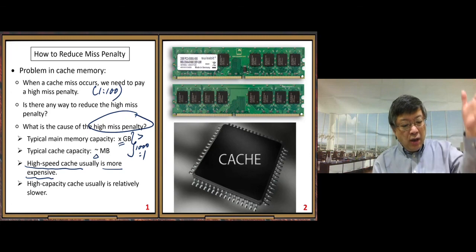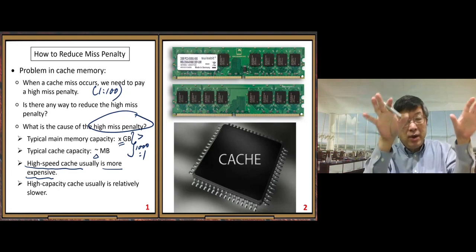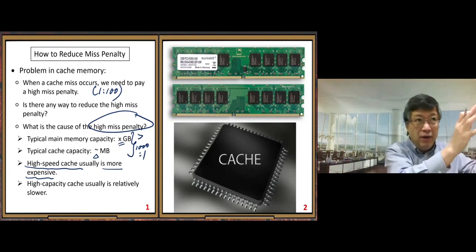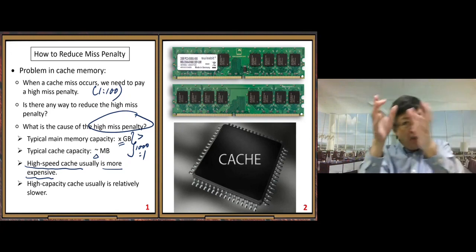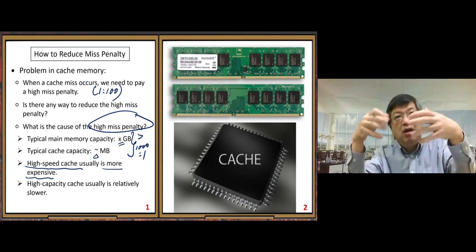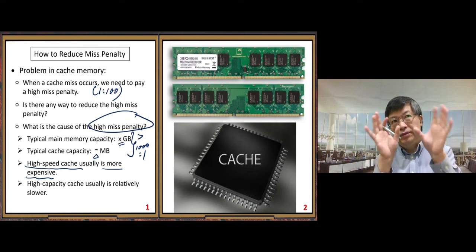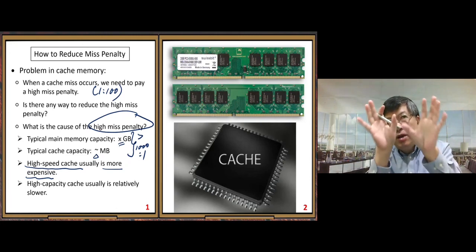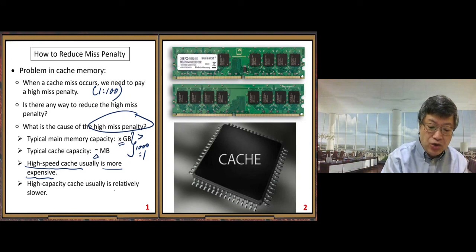All right, so high capacity cache, because right now you have two levels. Let's think about two levels. One level, you emphasize the fast speed. Another level, you emphasize high capacity. So you can take care of the high capacity part, but the high capacity cache is usually relatively slower.